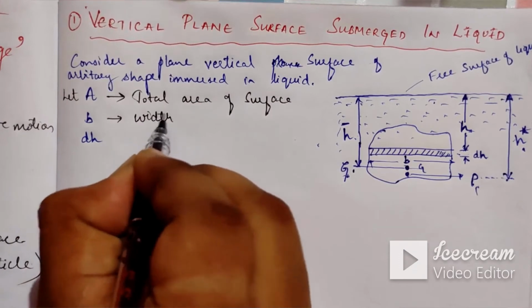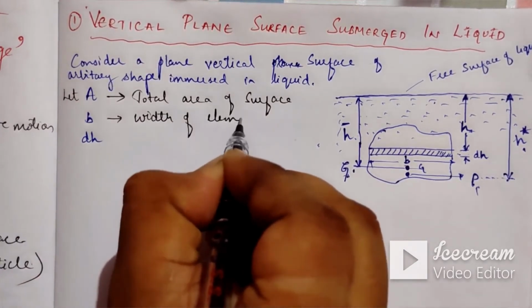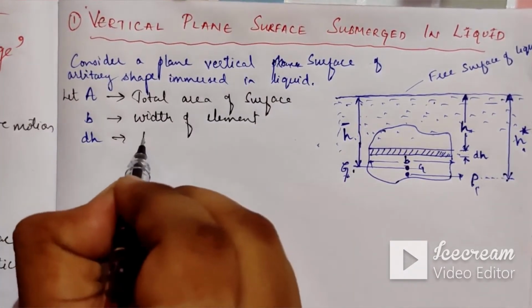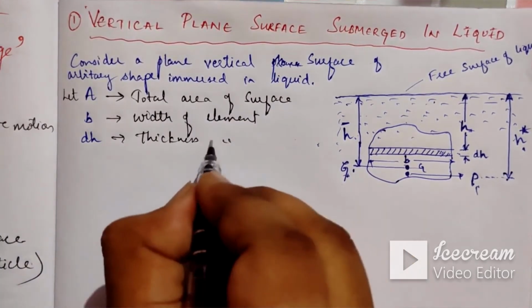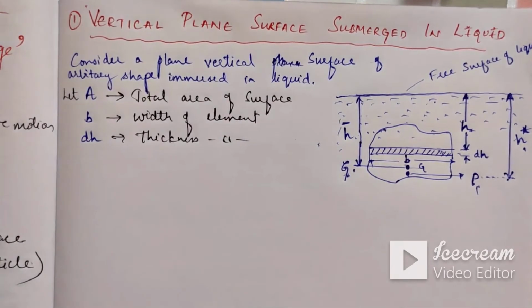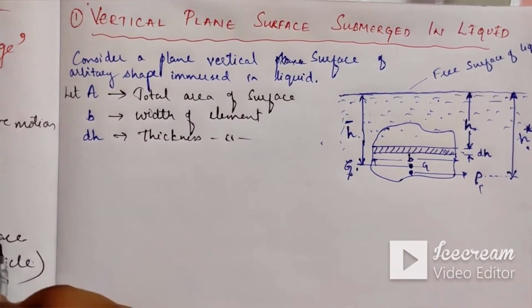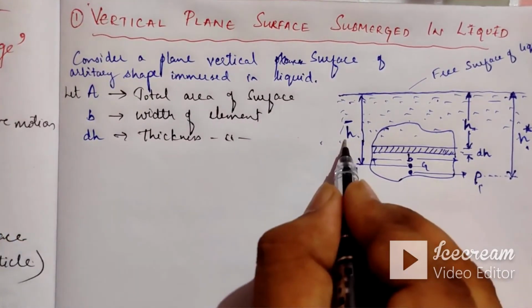B is the width of the element. This is the thickness of the element. In this fluid mechanics chapter, the notations are very, very important.